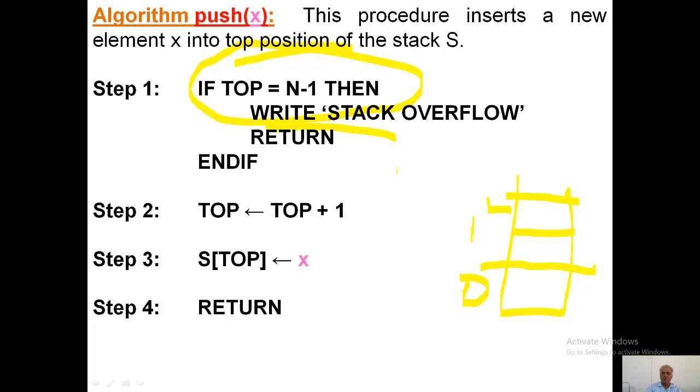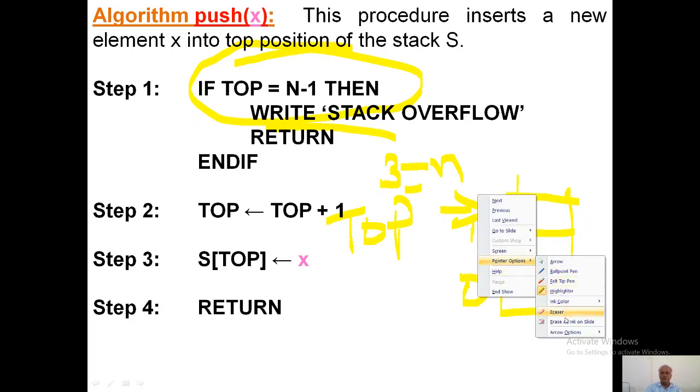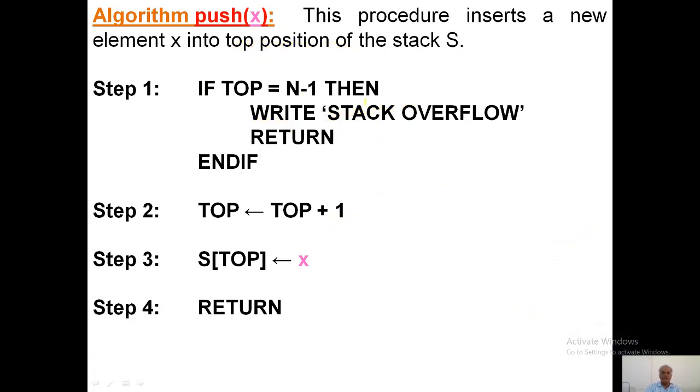Total locations: 3, so n equal to 3, and n minus 1 equal to 2. If top indicates this position, all the elements are inserted, which means the stack is full. That is called stack overflow.